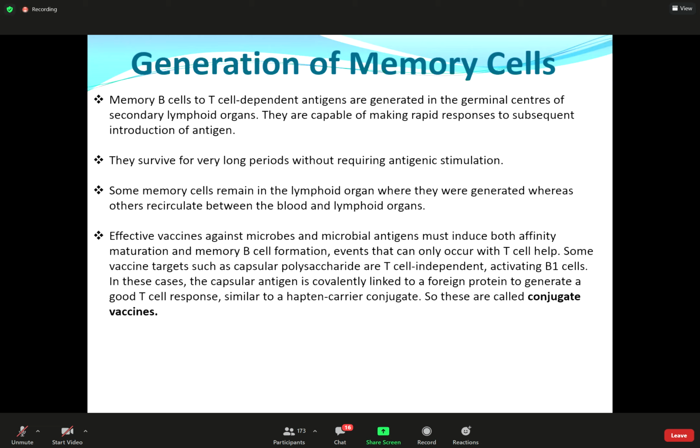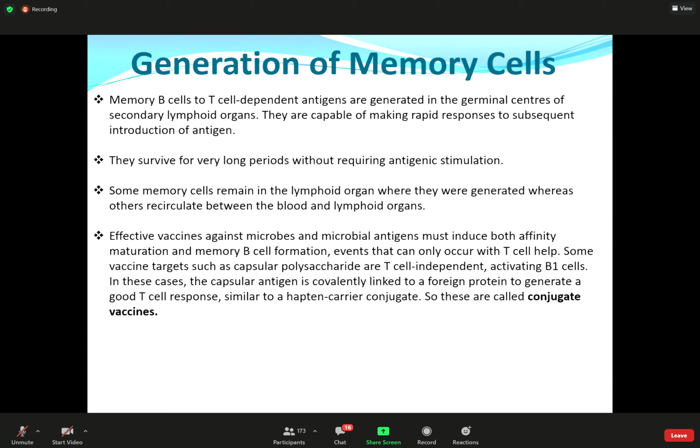These memory cells can live within the peripheral lymphoid tissue, the bone marrow, or other parts of the body without needing antigen exposure. They are long-lived cells.